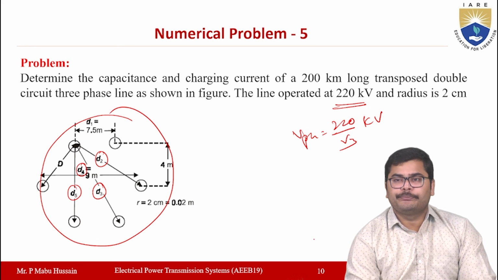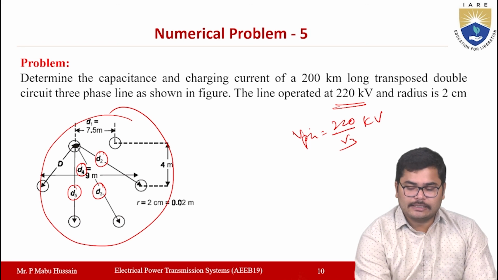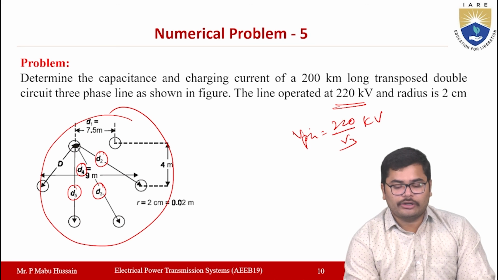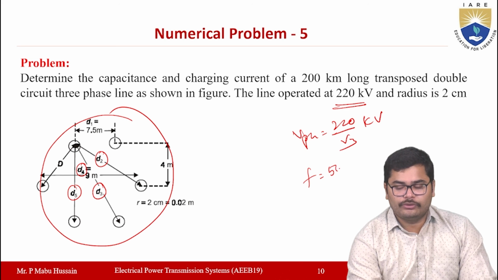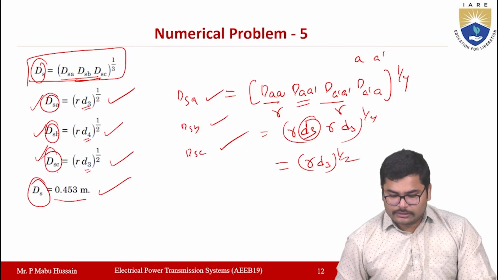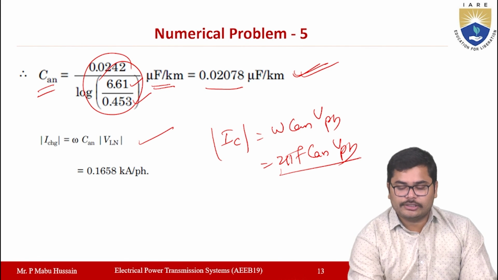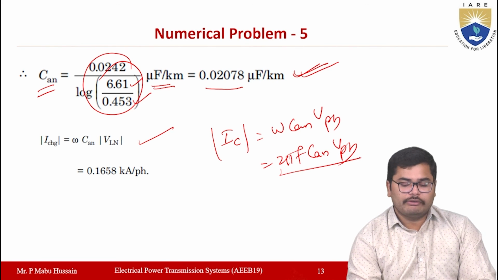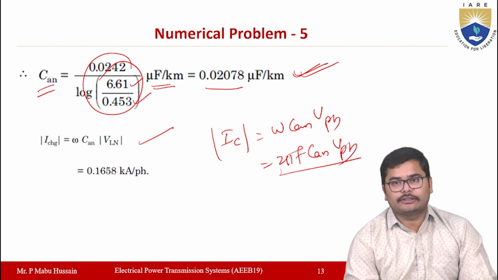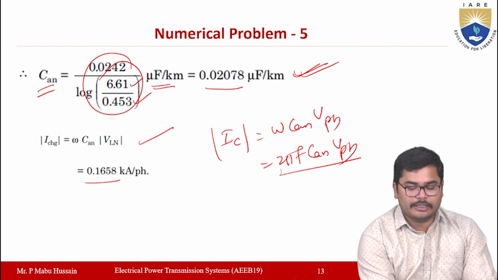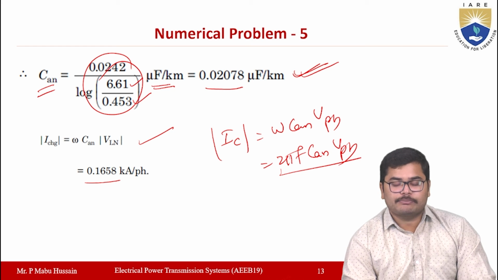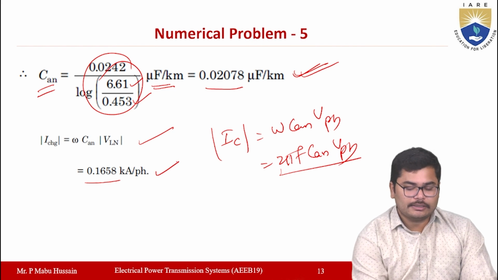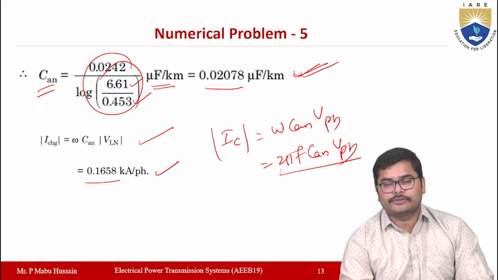Frequency is not given in the problem, so you assume the frequency to be 50 Hz. Then you simply substitute all the values in this equation and you get the value of charging current. The magnitude of charging current is 0.1658 kiloamperes per phase. So this current is for one phase.